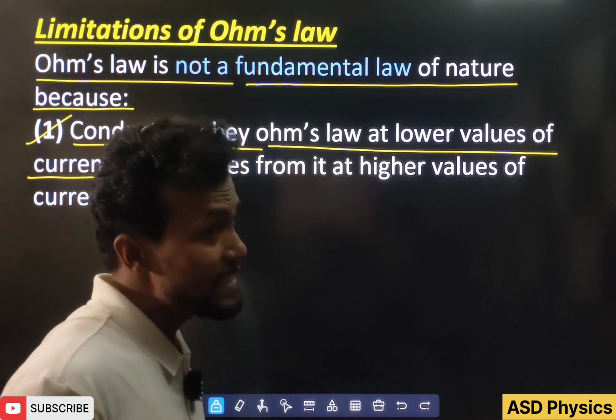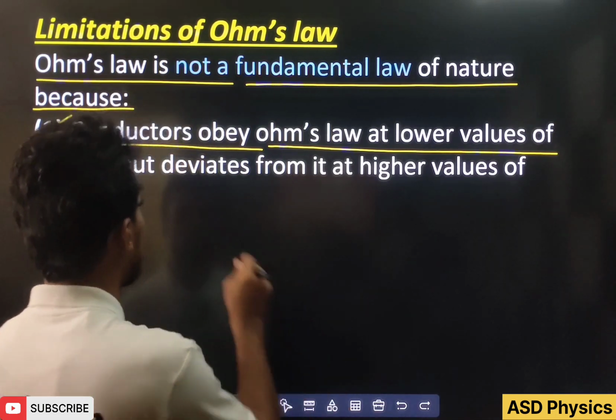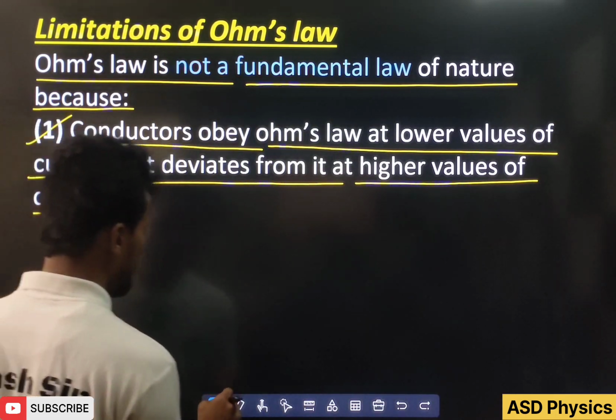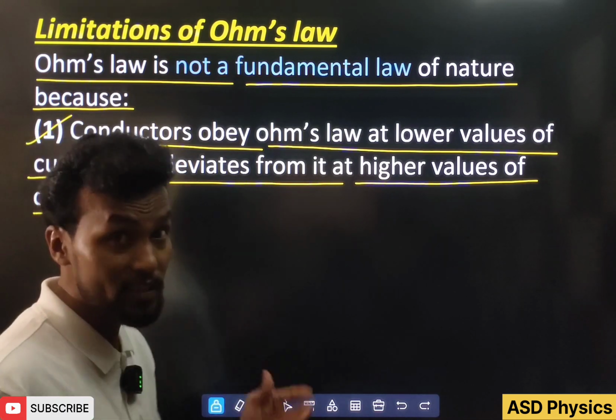But when the current increases, the temperature increases, and then it deviates from Ohm's law. So they deviate from it at higher values of current. At low current we can consider the temperature nearly constant, but at higher current we can't avoid this.